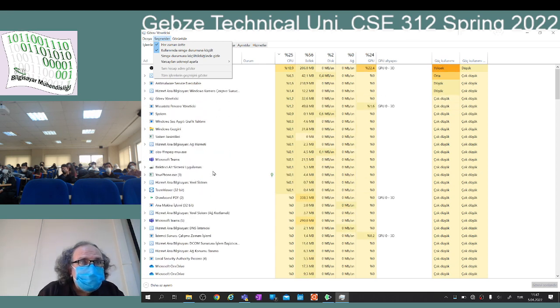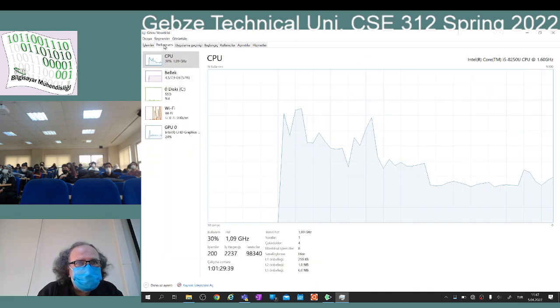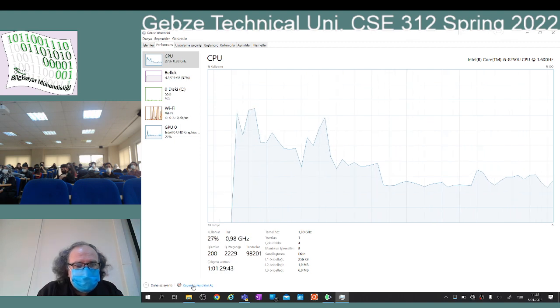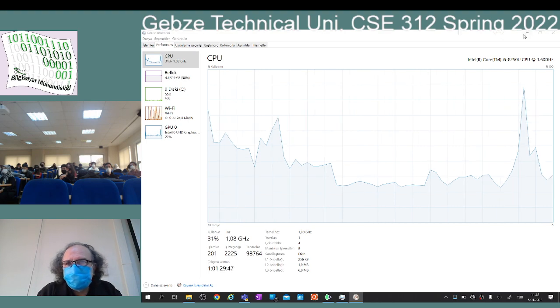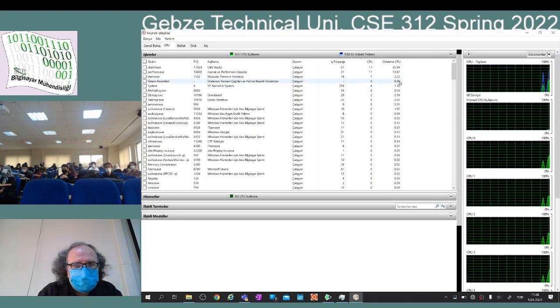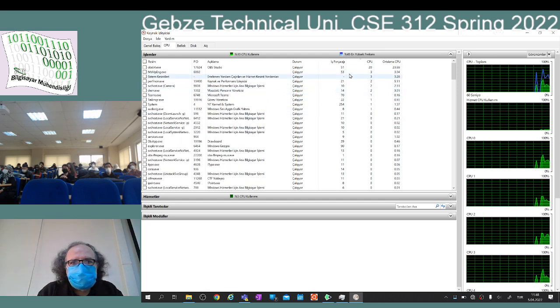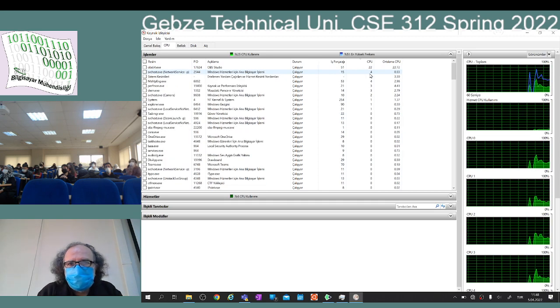Performance. Performance? Yeah, performance. Then in the bottom there is the resource monitor. Where did it go? It is this one. Okay, this is right. And in that case, these are the threads that these guys are using.